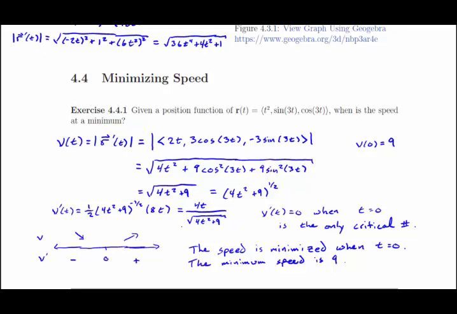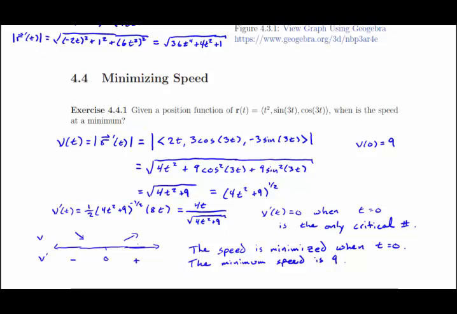Now the denominator doesn't have any zeros because of the plus 9 inside the square root. No matter what t is, this is always going to be a positive number down here. So no critical numbers due to a domain issue, but we do have the critical number that when t equals 0, v prime of t equals 0. So v prime of t equals 0 when t equals 0, and this is the only critical number.